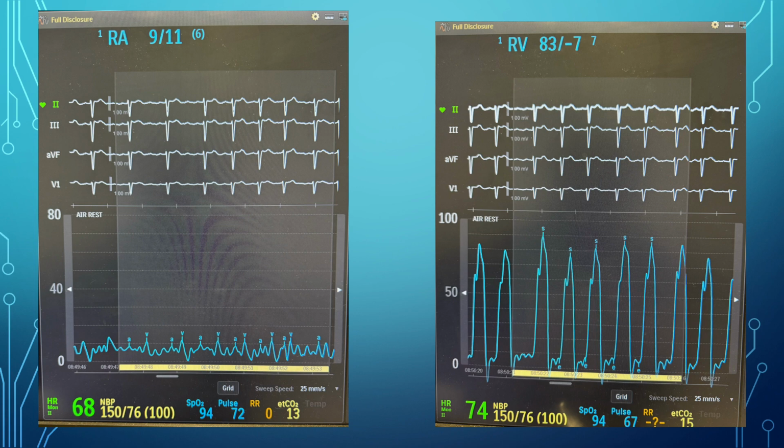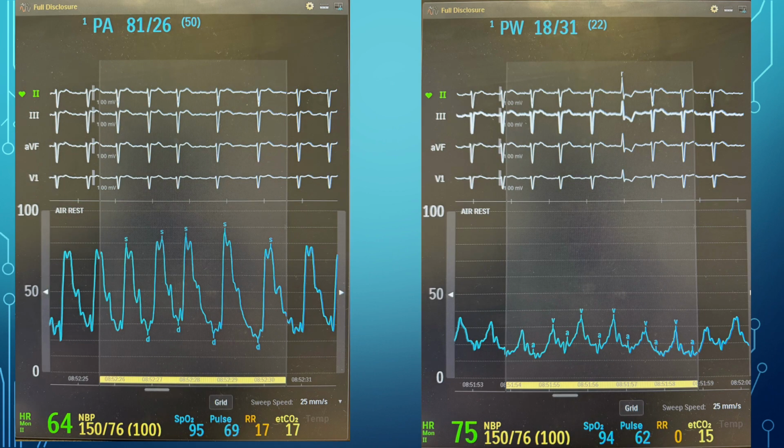And here the pressure is 83 over 7. So that's the right ventricle pressure, which will be almost the same as the pulmonary artery pressure. But this is the shape of the pulmonary artery, and the previous one was the shape of the right ventricular catheter.